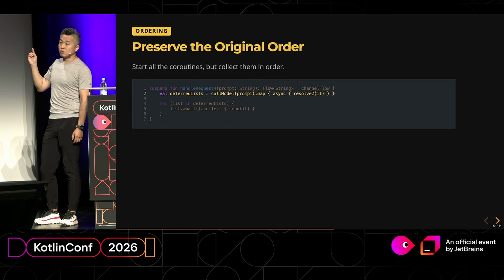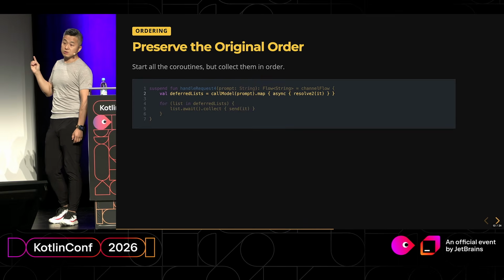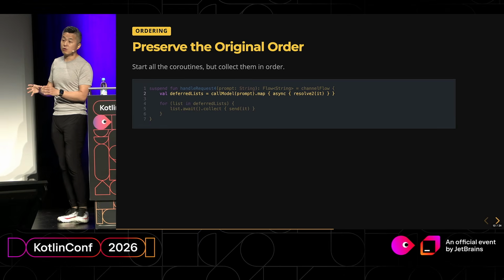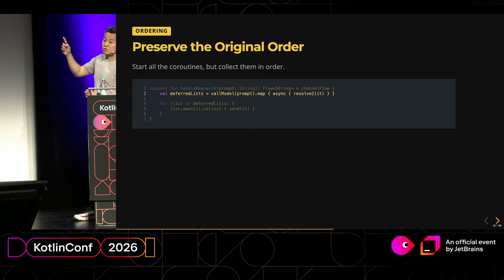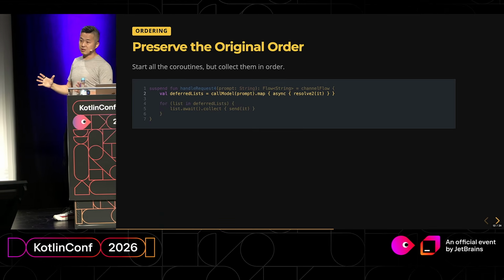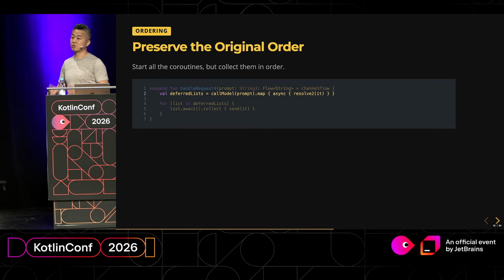But the flow, as I said before, it's cold. So whatever we're trying to produce in the flow, like the tool call, is not executed in this coroutine. So the coroutine returns that flow, but that's it. It returns a cold flow. It returns a blueprint of what needs to be done, but it's not done when the coroutine returns.